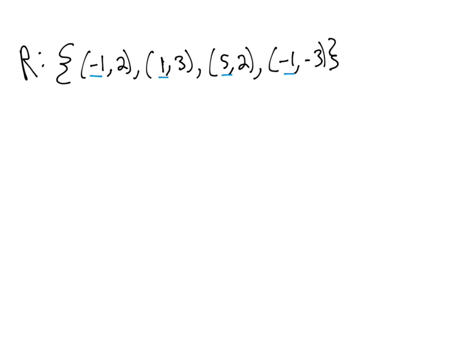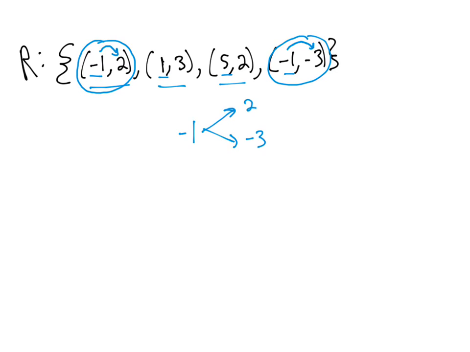The first three are good because we have different inputs, but when we look at this ordered pair and this ordered pair, -1 is pointing to, in the first case, 2, but in the second case, -1 is pointing to 3. So this input, -1, is pointing to two separate values. That tells us that this is not a function.